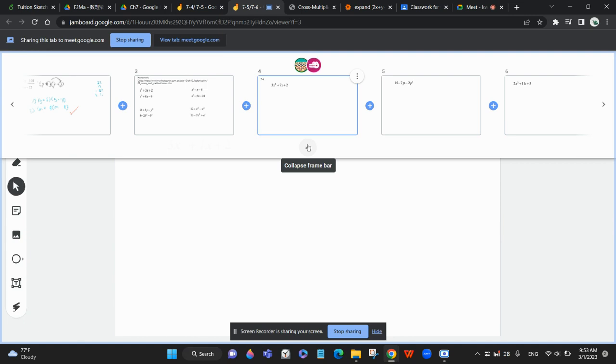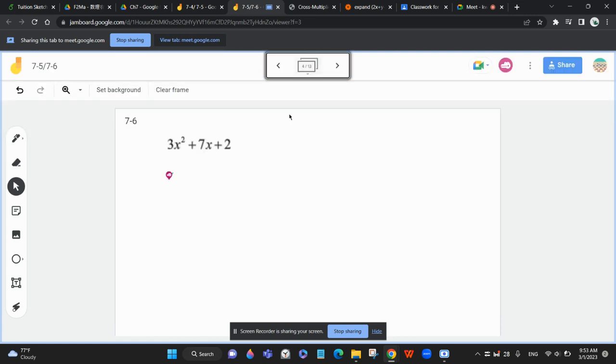Yeah, this one means that we will need to consider one more thing: the first coefficient is not 1 anymore.